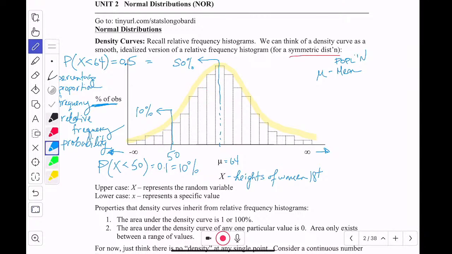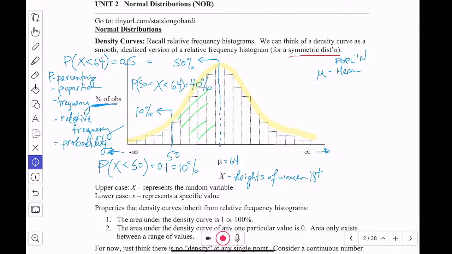So between here and here, if it's 50 all the way over and this is 10, then between here and here is 40%. How would we write that down? I could write the P, and then I put X in the middle and use these arrows to say between the smaller number of 50 and the bigger number of 64, that is equal to 40%.